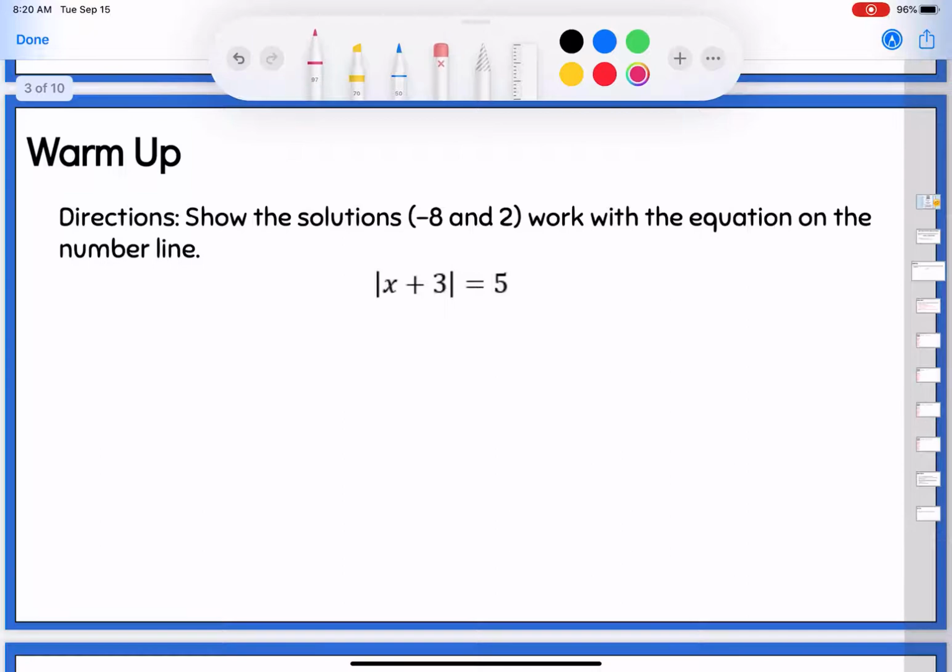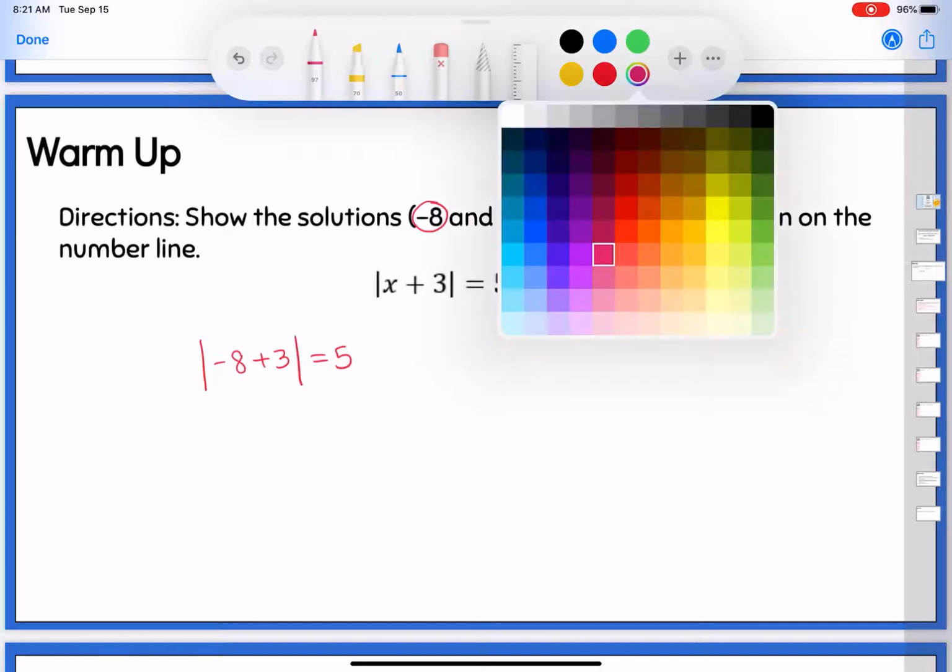All right, so yesterday we learned what it meant for the absolute value to be that number of units away from 0. In this case, whatever I get inside my absolute value has to be 5 units away from 0. First, I'm going to take this -8 and plug it in for x. So I would have the absolute value of -8 plus 3 is supposed to equal 5.